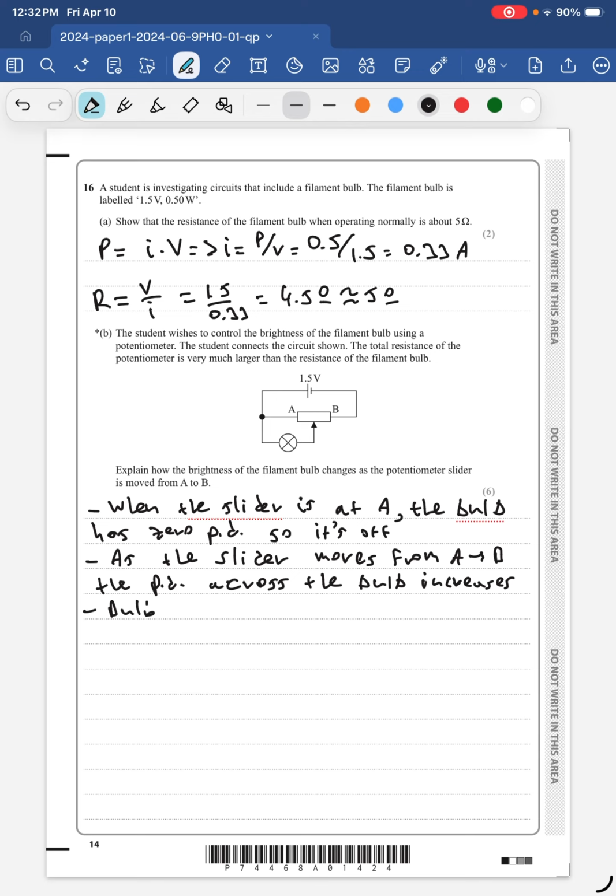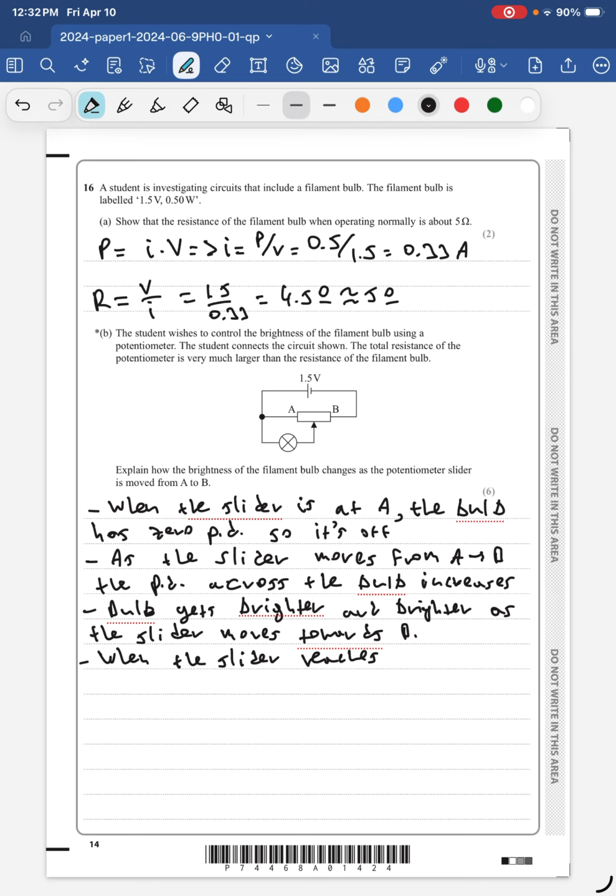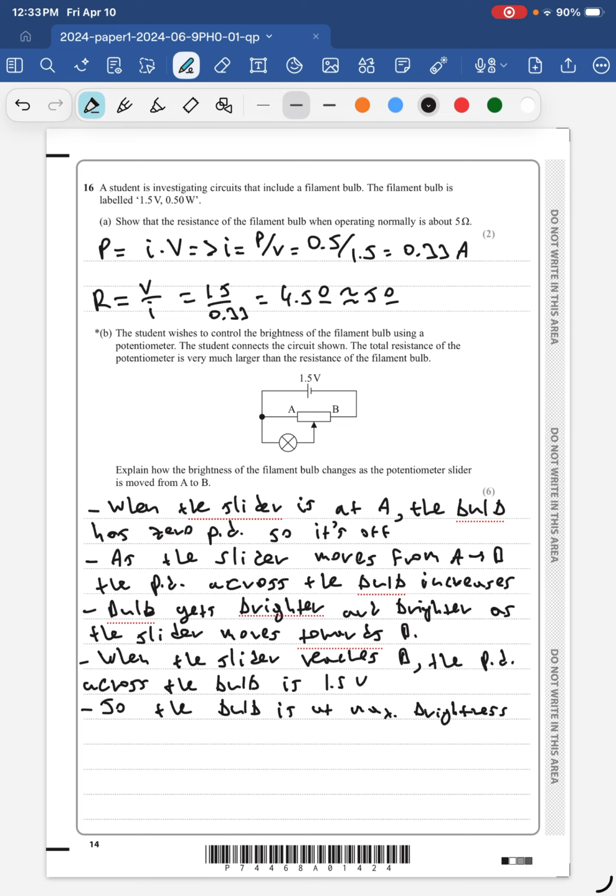So the bulb gets brighter and brighter as the slider moves towards B. When the slider reaches B, the potential difference across the bulb is 1.5 volts. So the bulb is at maximum brightness at B, I mean.